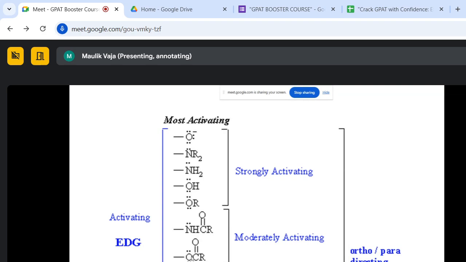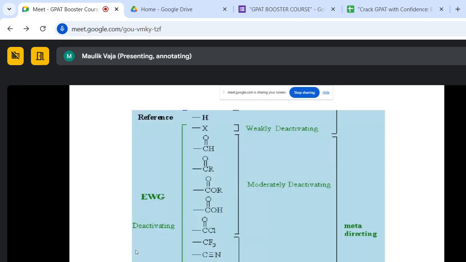So the basic concept is like that. If the directly attached atom has high electronegativity, then it becomes electron donating group. And if the directly attached atom has low electronegativity, like here you can see CHO aldehyde, carbon and oxygen.